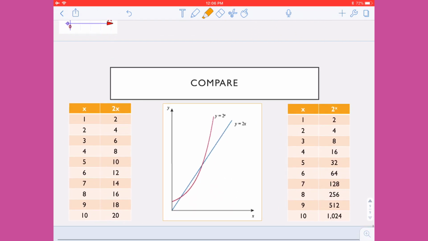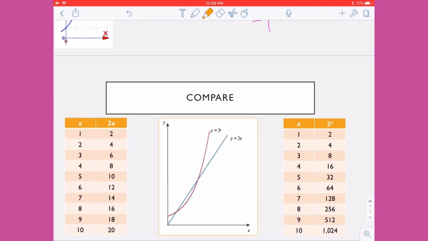So if we compare two similar kinds of concepts, you notice that my base values are 2 here, but my blue line is representing a linear equation, so I actually have y equals 2x, so that means that my slope value is equal to 2, whereas over here I have, in the red, an exponential model, so my a value, which is the base, is equal to 2.